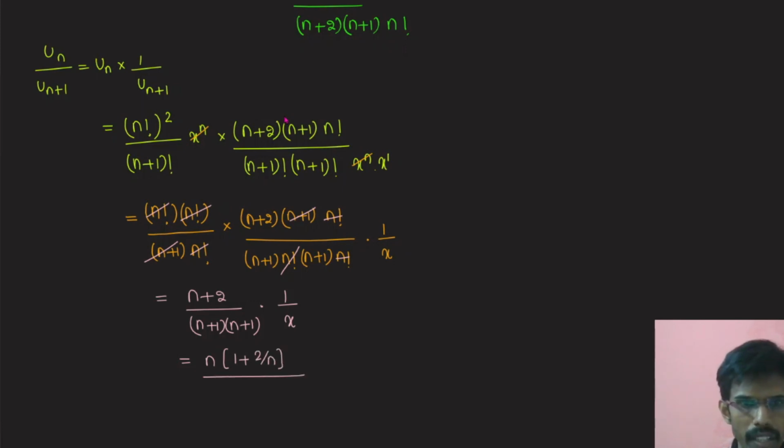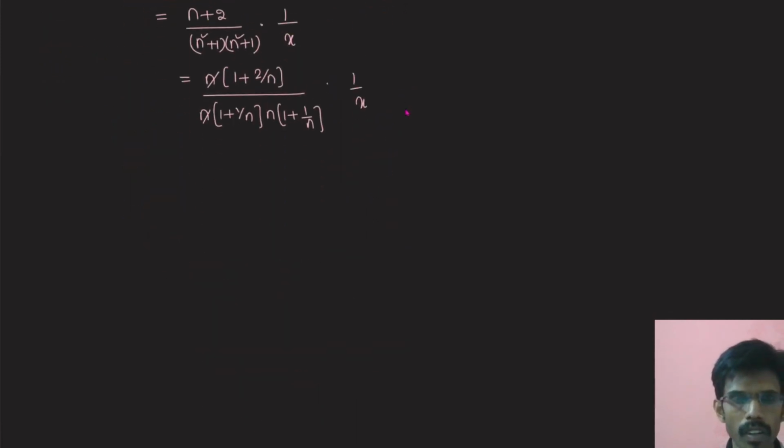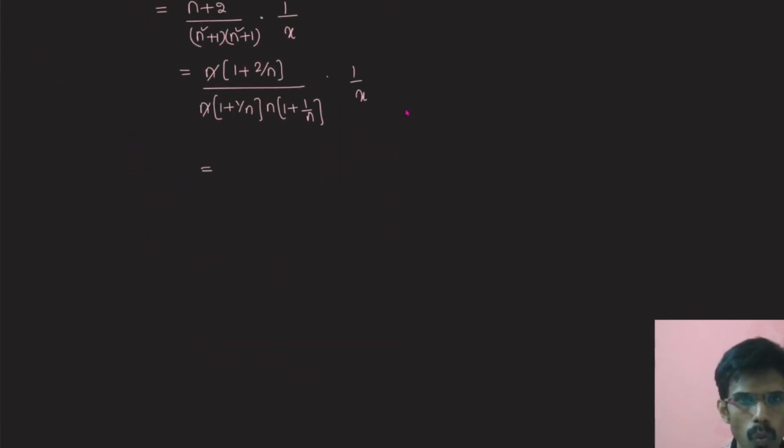In the denominator, if I take n common from the first term, we have n into 1 plus 1 by n, and from the second term, n into 1 plus 1 by n, into 1 by x. Now this n will get cancelled. So this can be written as 1 by n into 1 plus 2 by n upon 1 plus 1 by n whole square into 1 by x.